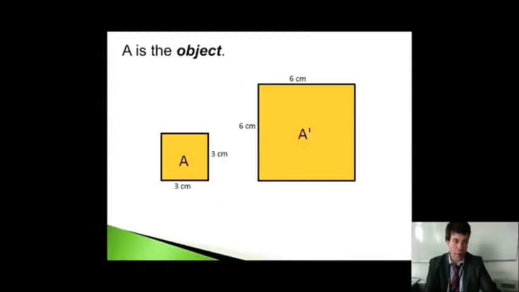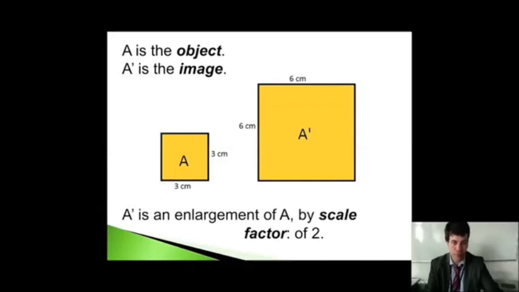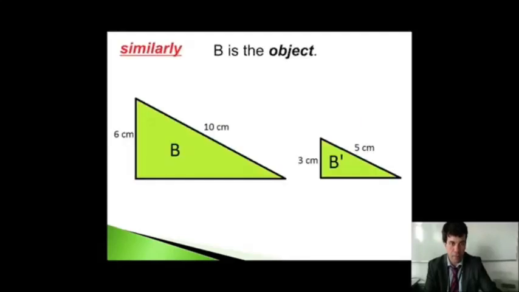As a quick warm-up, if A is the object, which is a square 3 by 3, A prime is the image, which is also a square 6 by 6, we can obviously see that the scale factor must be 2, as each side of the image is twice as big compared to the object.